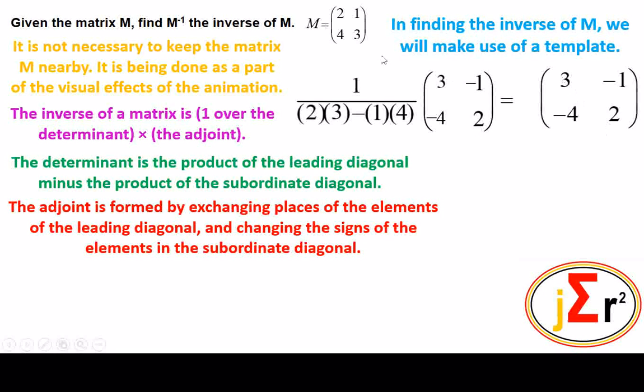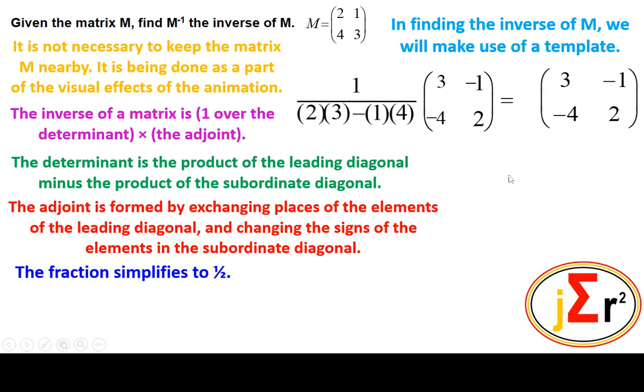We are therefore simplifying this to this. And the only simplification that will be done at the moment is 2 times 3, 6, minus 1 times 4, 4. 6 minus 4 is 2. Therefore, a half belongs right there. The fraction simplifies to a half.